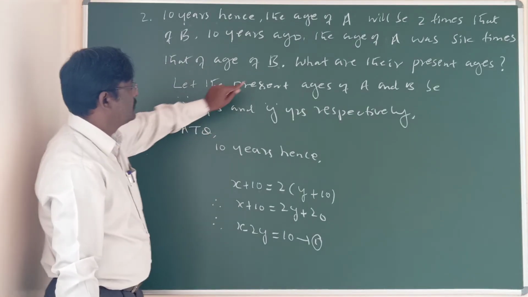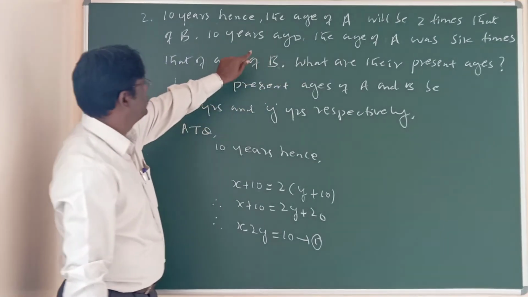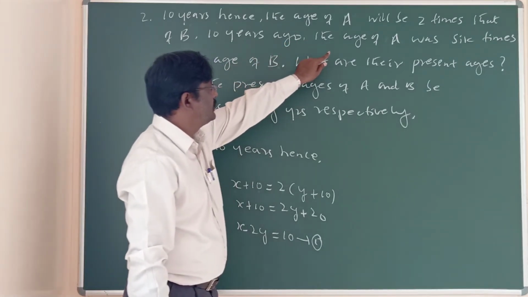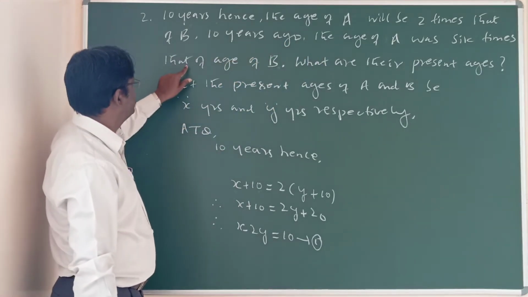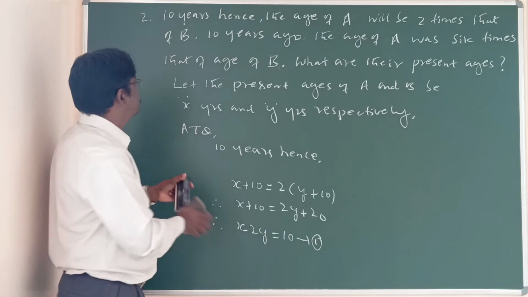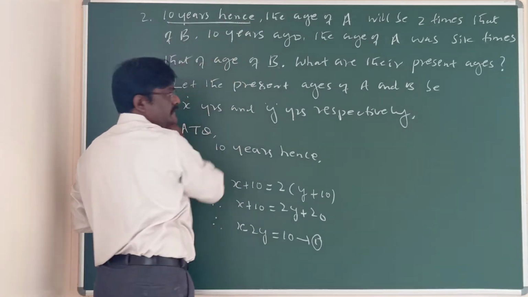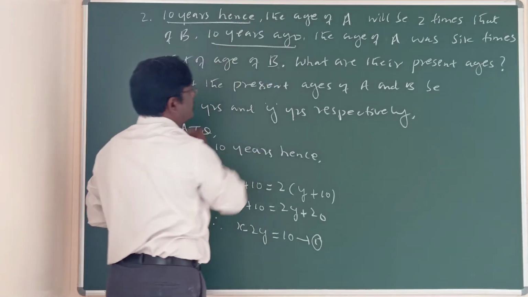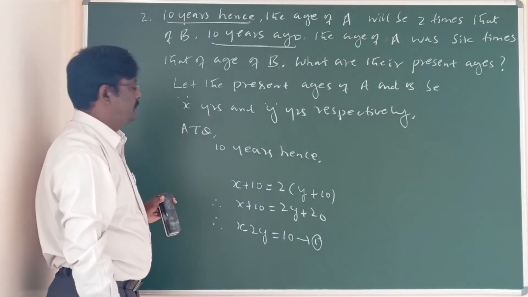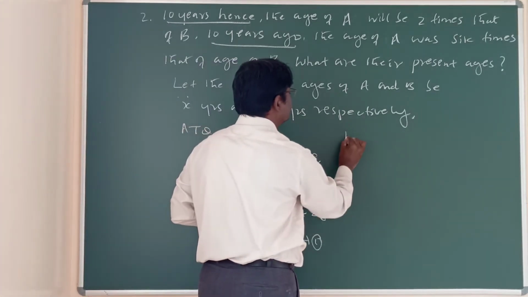According to the question, next: the age of A was 6 times that of B 10 years ago. The first condition was 10 years hence. Now it is 10 years ago.